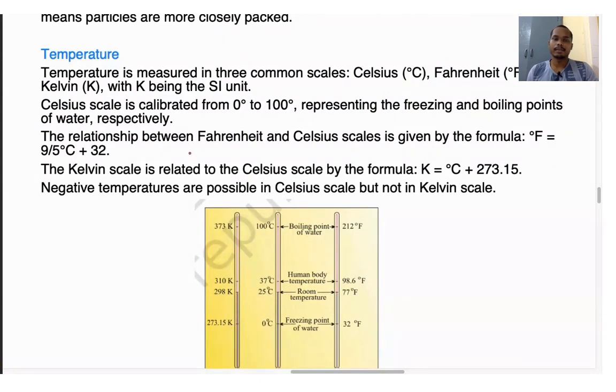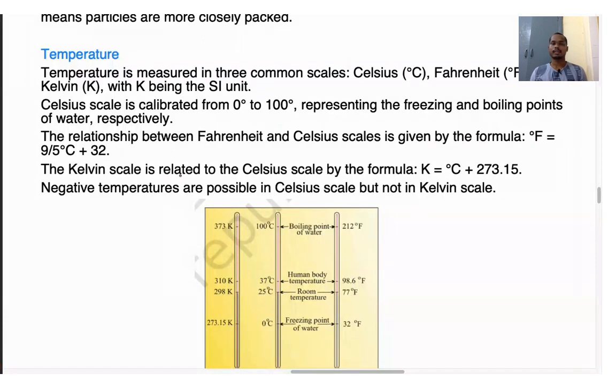The relationship between Fahrenheit and Celsius is given by the formula F equals 9/5 Celsius plus 32. By using this formula, we can convert Celsius into Fahrenheit.